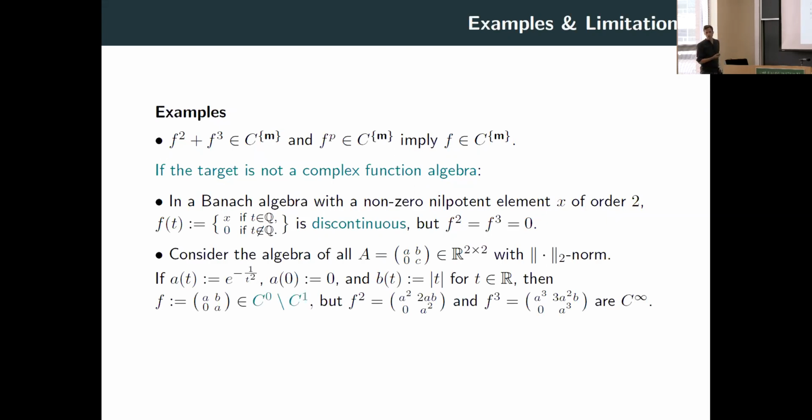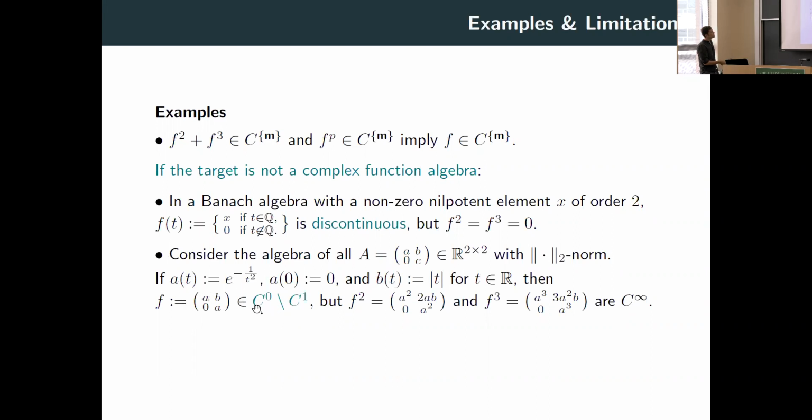This is rather pathological, but there is another example. Let us consider the algebra of 2x2 matrices of this type, say with the Euclidean norm. And then I put a of t a flat function at 0, and b of t the absolute value of t. And I look at this function here, right?